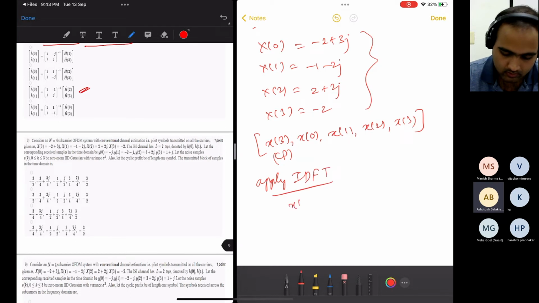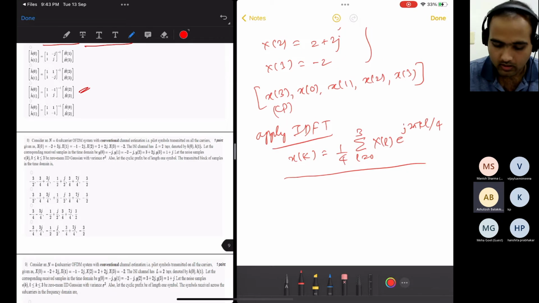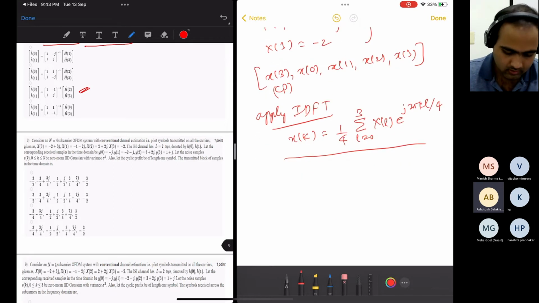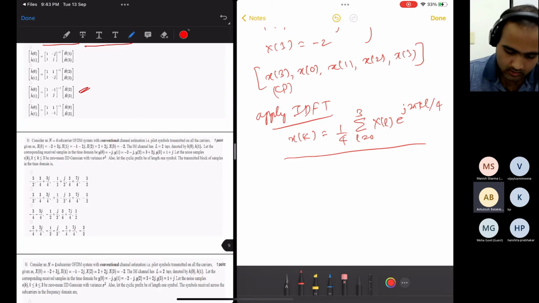What is IDFT? x of k is 1 by 4 summation l is 0 to 3 X of l e to the power j 2 pi kl by 4. I'll not solve this again. You can do it at your home, and I'll just give you the answer. You can just cross check it.